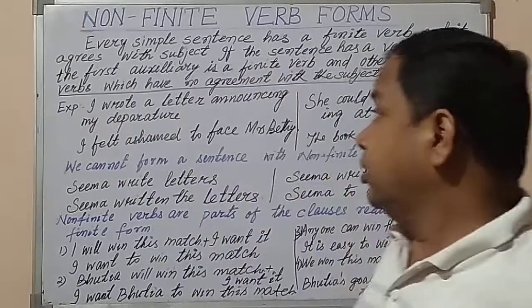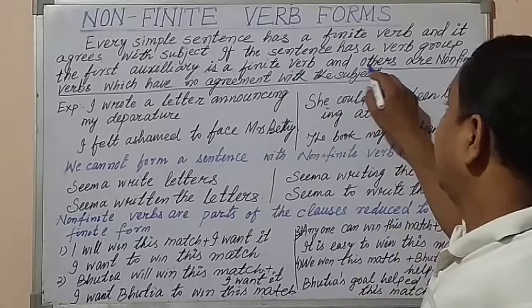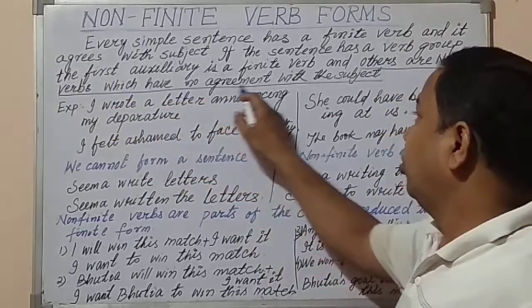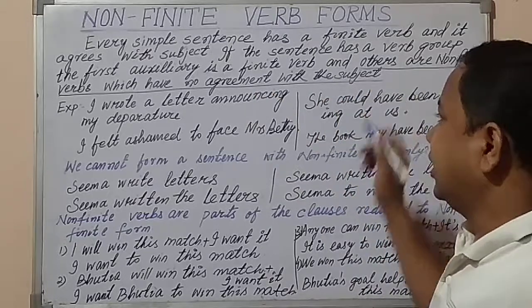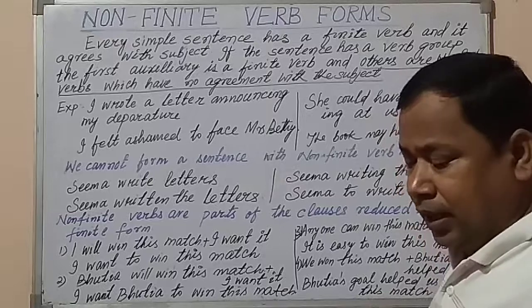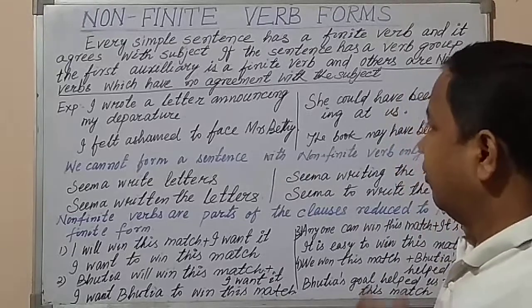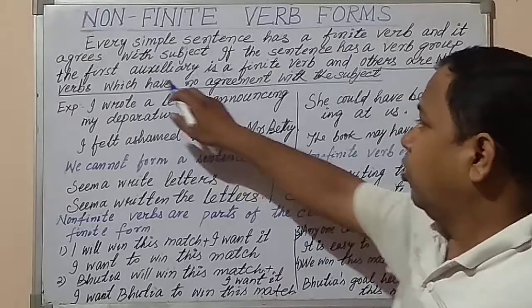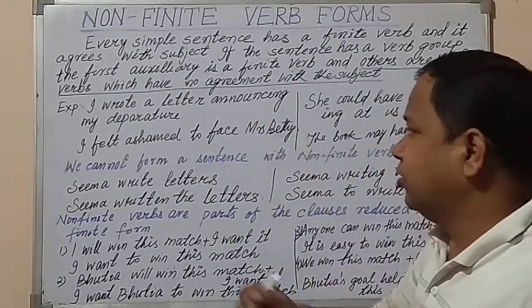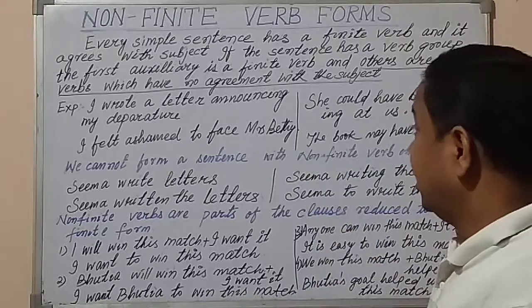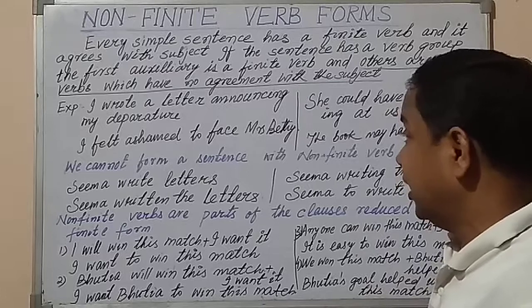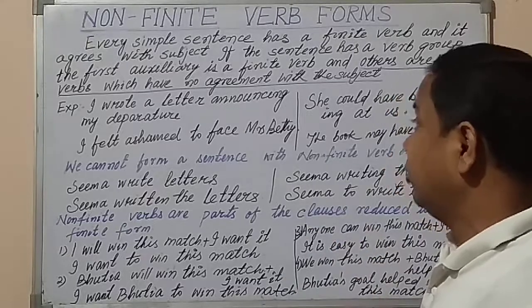But the others are non-finite verbs, which have no agreement with the subject. That means in a group of verbs, the other verbs except the first auxiliary have no agreement with the subject, while the first auxiliary has agreement with the subject.